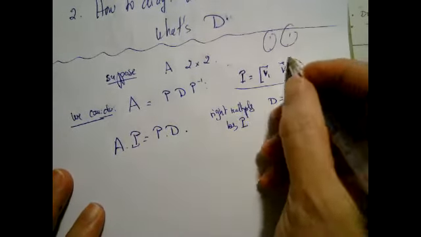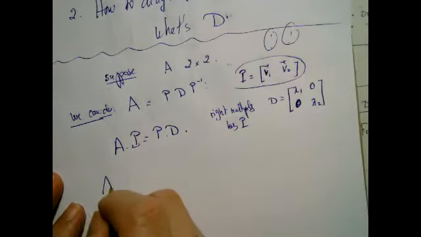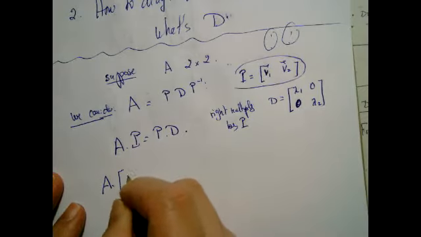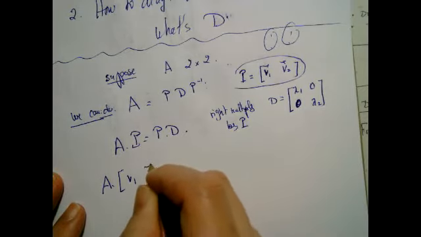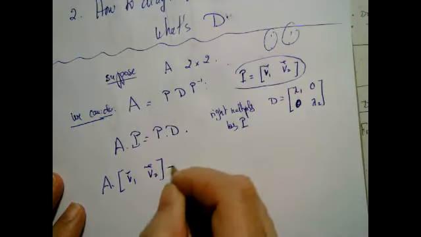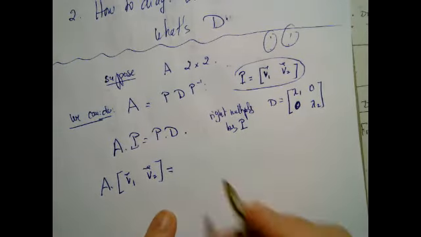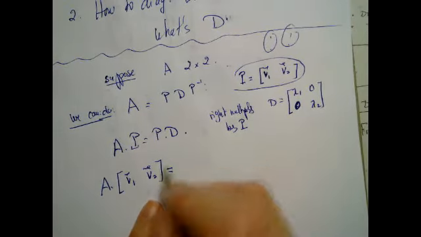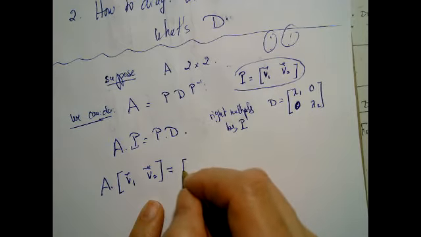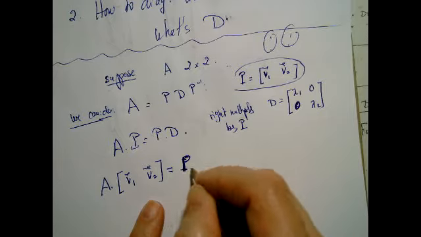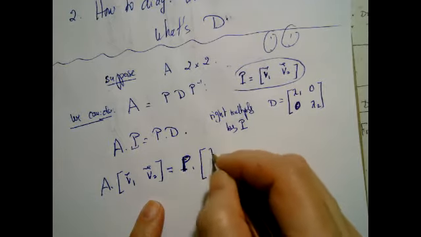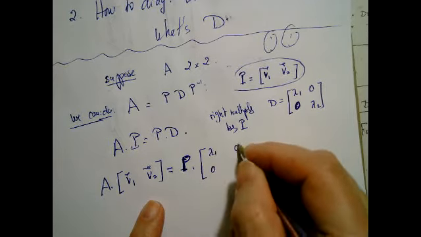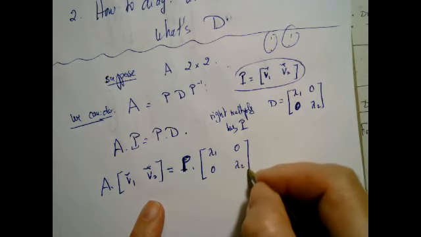Suppose P is V1, V2. It means that this is A times V1, V2 equal P times D, which is lambda 1, 0, 0, lambda 2.